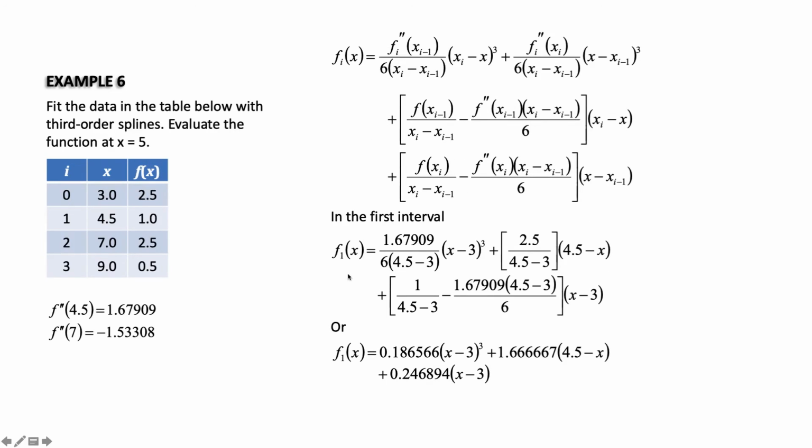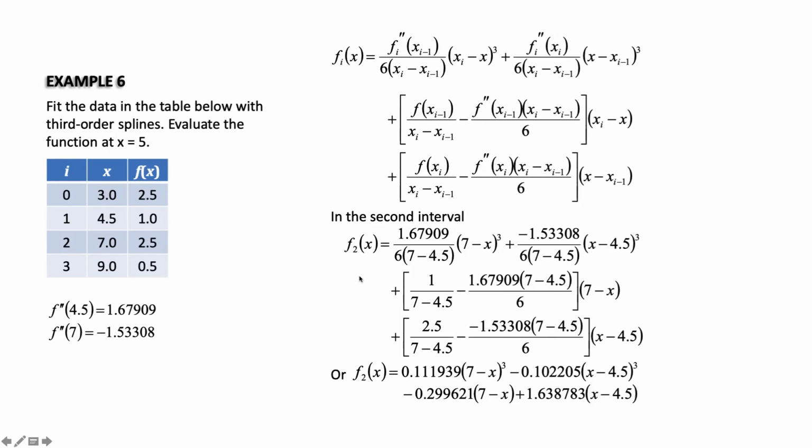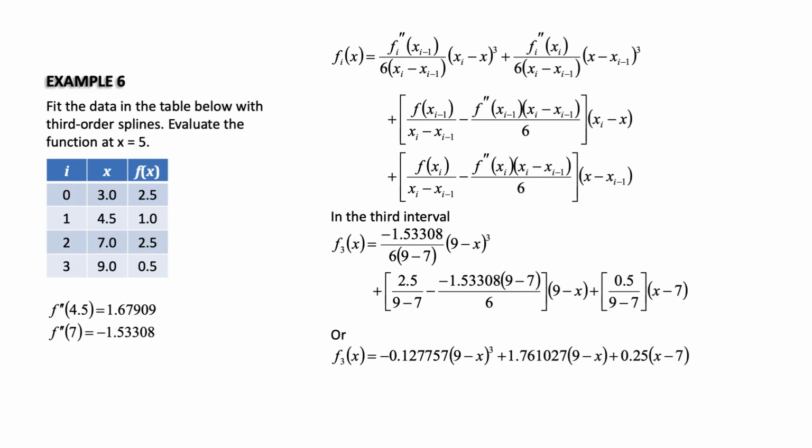In the first interval, we get this, and the final result is this. In the second interval, we have this result. And in the third interval, we have this result. I invite you to derive these three equations, f1, f2, and f3 of x, in order for you to understand the whole process.